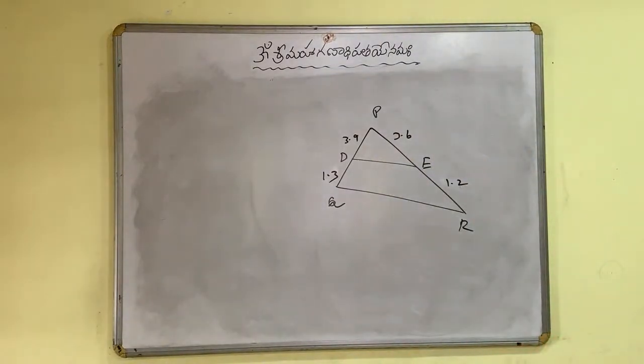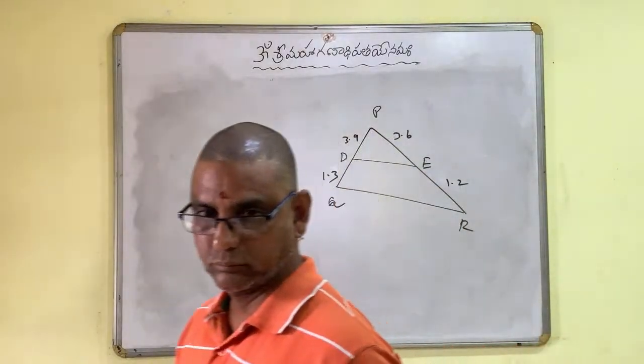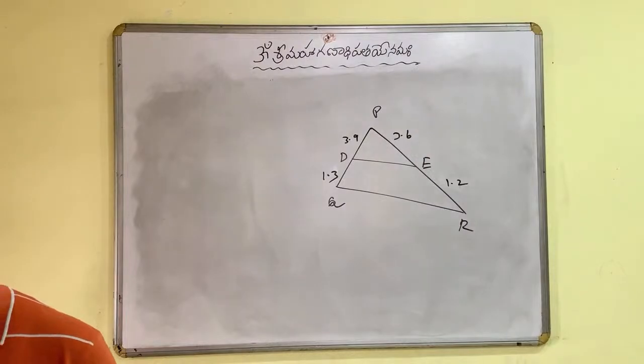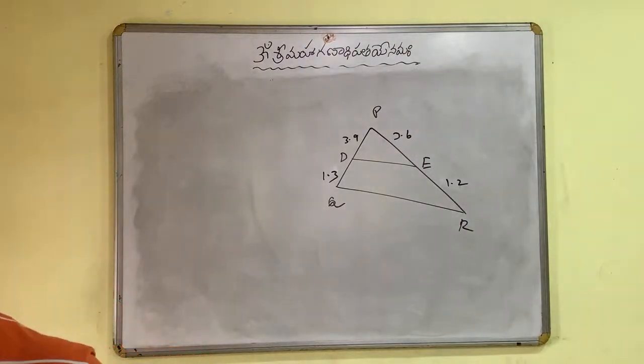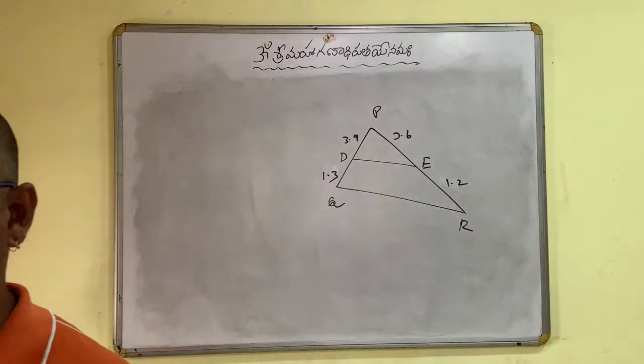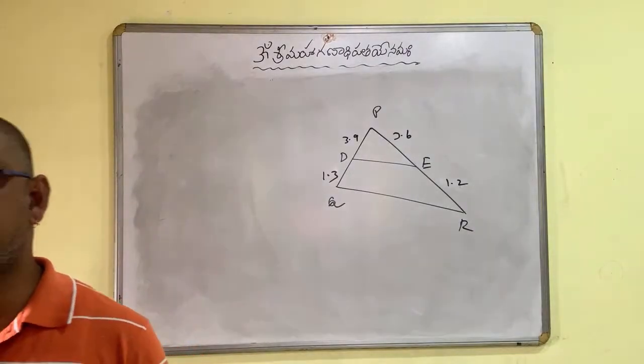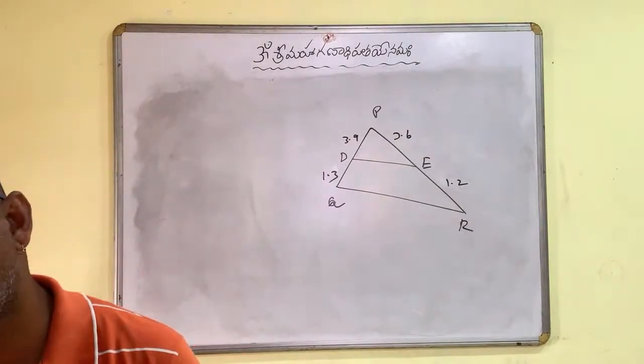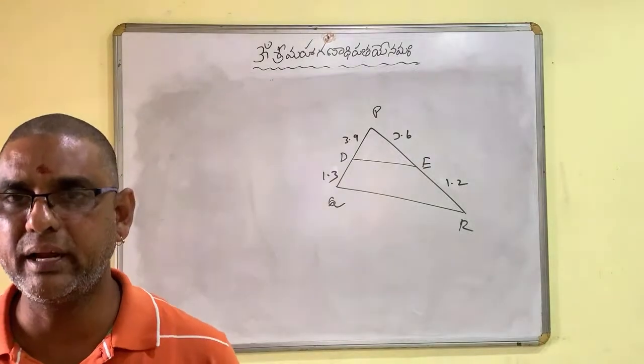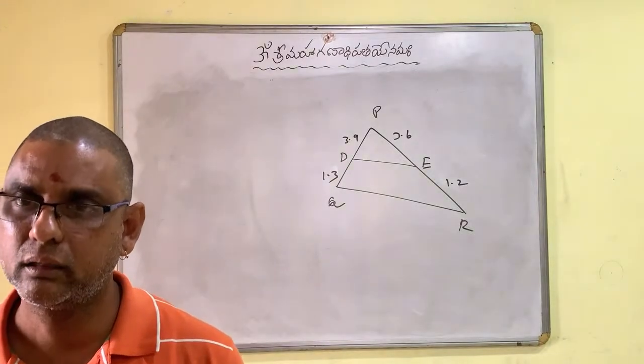Ratios are not equal, eh? Yeah, with the previous values it is not parallel. Now, are DE and QR parallel or not?